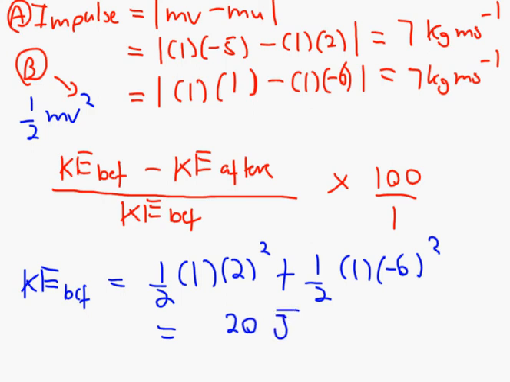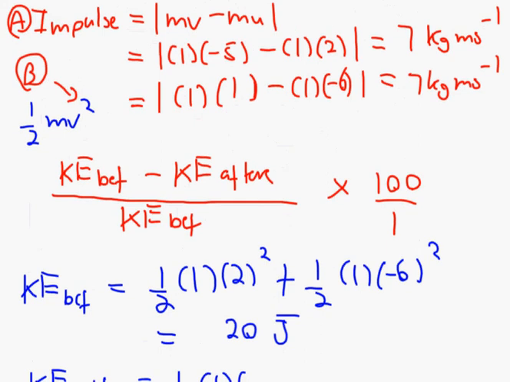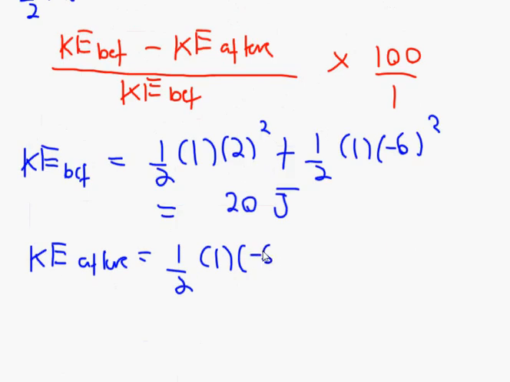Kinetic energy after? What was it? A half, 1 times, that one went off at minus 5, didn't it? Minus 5 squared. And the other one? A half, 1 times, minus 1 squared.